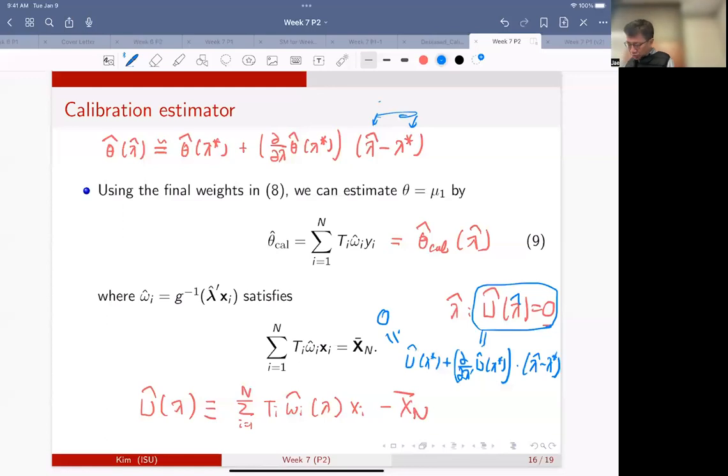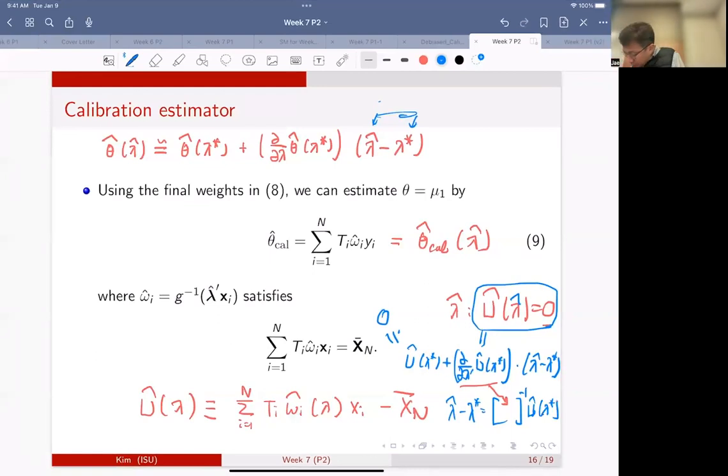That means you can write lambda hat minus lambda star as the inverse of this guy, times what you had at lambda star.